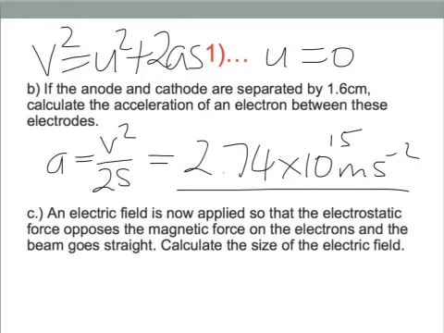Part C, an electric field is now applied so that the electrostatic force opposes the magnetic force on the electrons and the beam goes straight. Calculate the size of the electric field. This means that the two forces, one due to magnetic field, one due to electric field, are exactly equal and opposite.